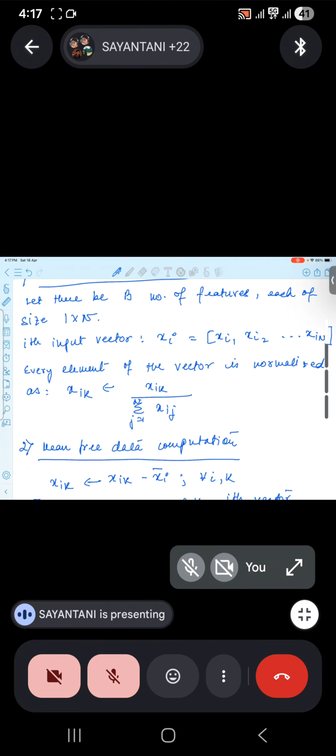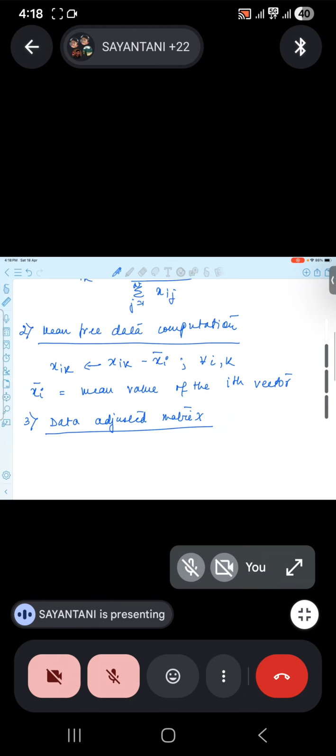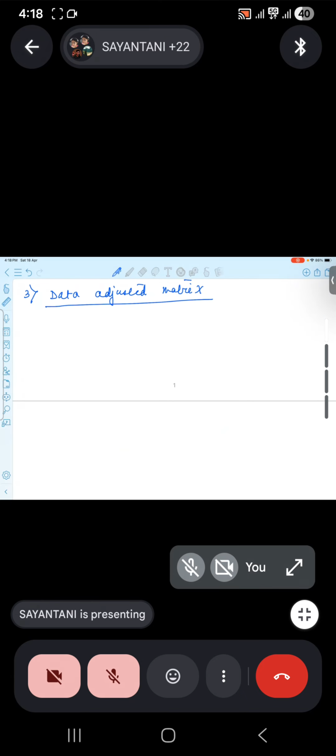But how many total such vectors are present? B number of vectors are present. So we can arrange this B number of 1 cross n vectors in a matrix. So that is what we are going to do right now. So this is referred to as the data adjusted matrix. I am saying adjusted because it is normalized and mean free. Okay. So if you put that into a matrix, it looks something like this.